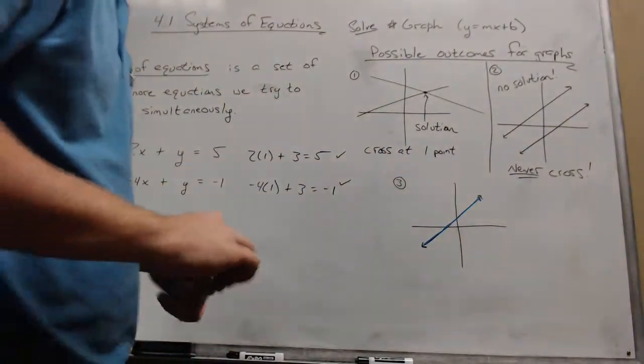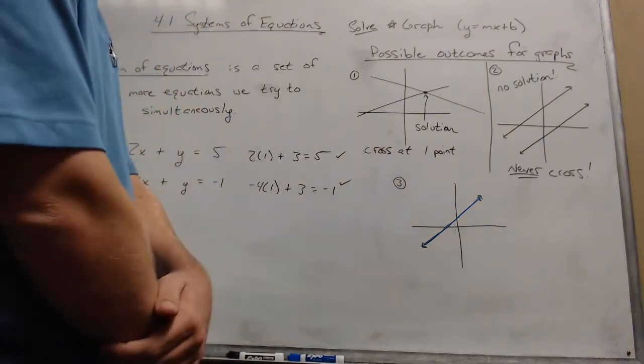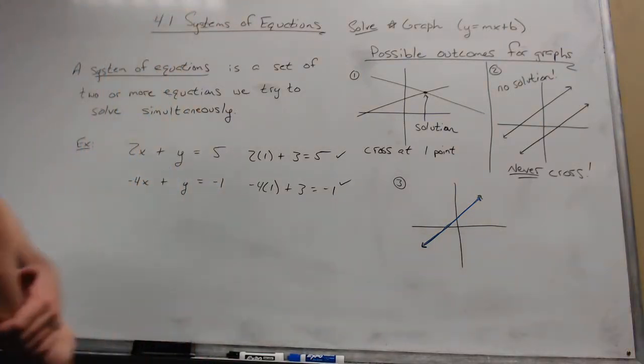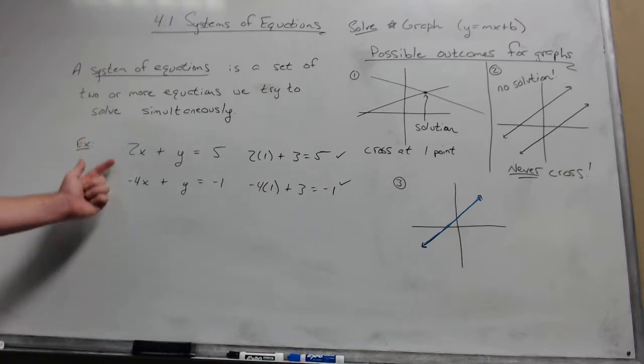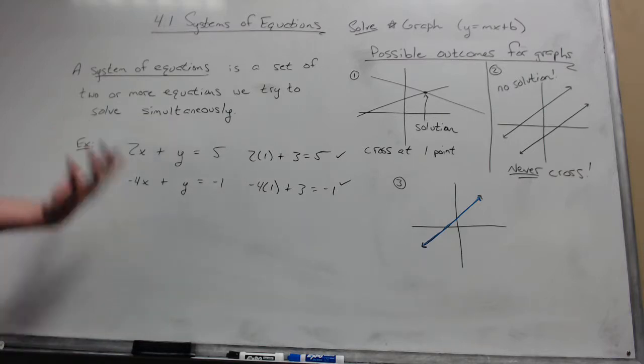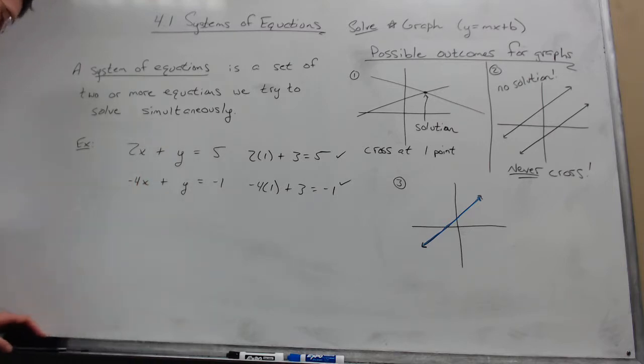You might think that's strange and doesn't happen very often, and you're right, I would have to be very particular about the two lines that I created to make them actually end up being the same. They'd have to have the same slope and the same y-intercept, so you can usually tell that this is happening beforehand, if both equations look alike.